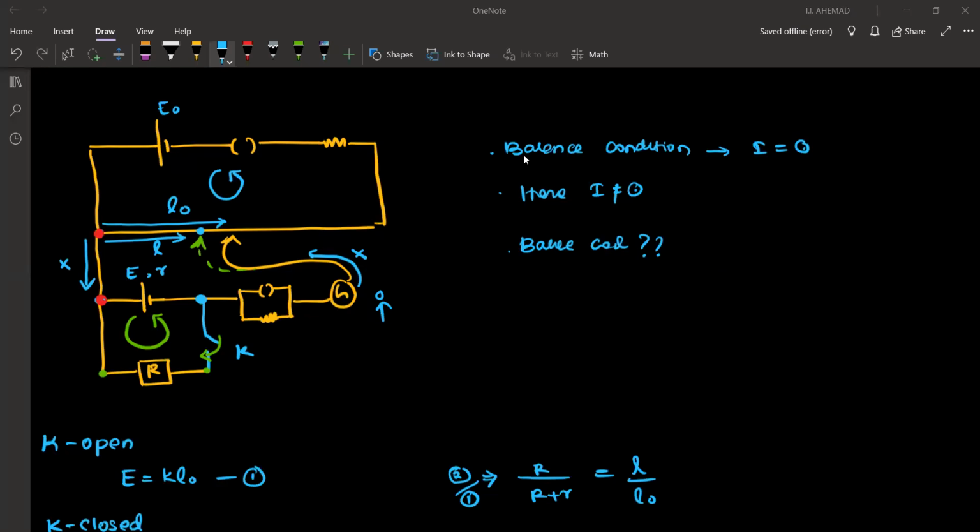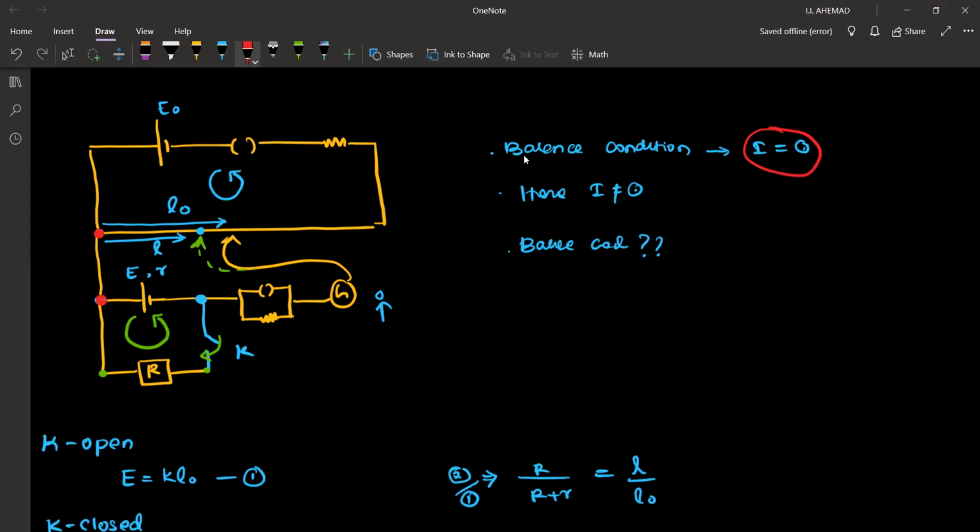So here, when we say balance condition, if you recall the previous experiment, when we are talking about balance condition, we say the current flow is zero. Okay, clear with that?